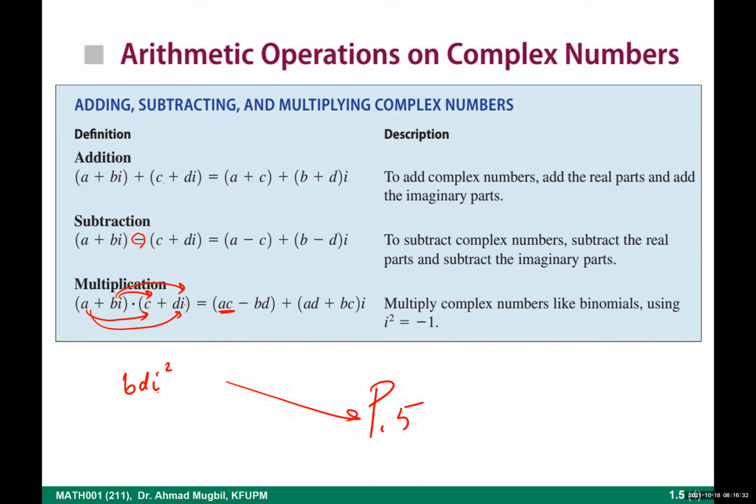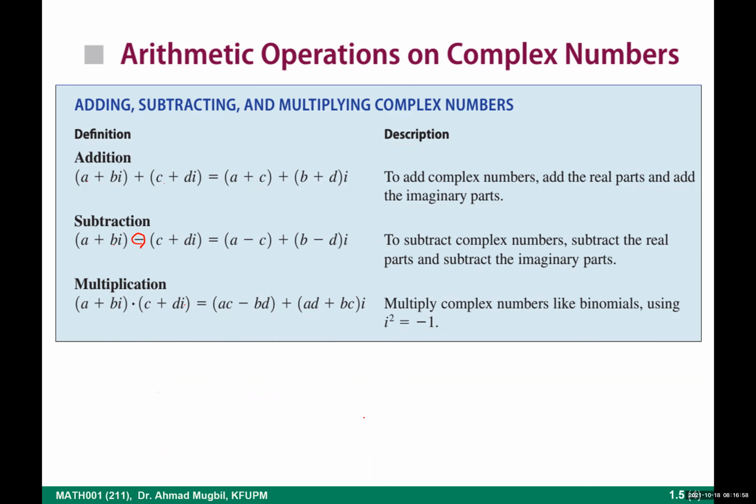What is i squared? Negative 1. So it will be negative bd. Now, when you multiply a by di and then b by ci, take i as a common factor. No need to memorize this formula, but it is not bad. I think it is easy to do it using FOIL.